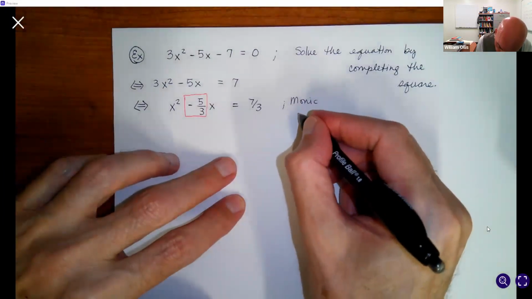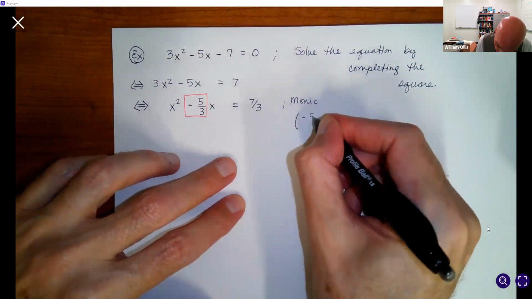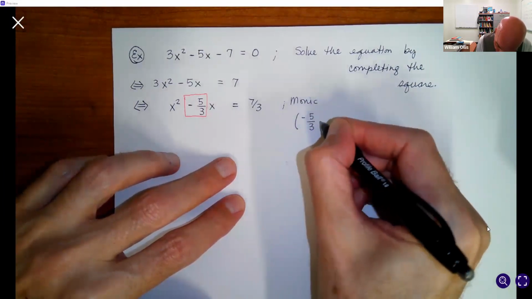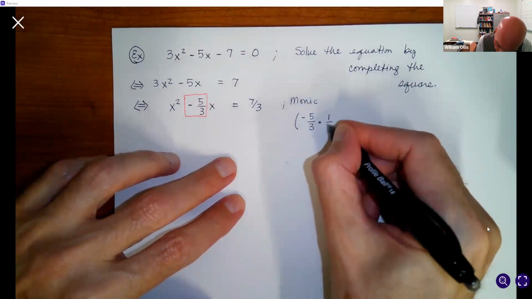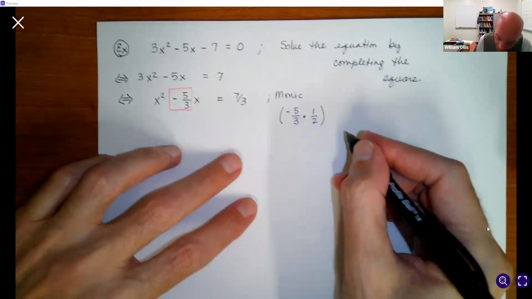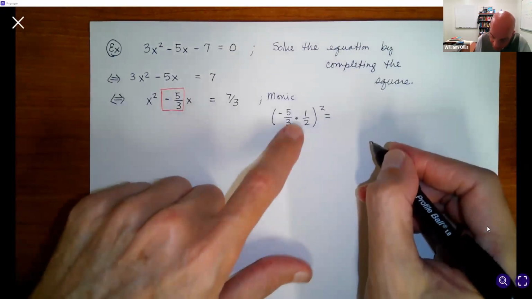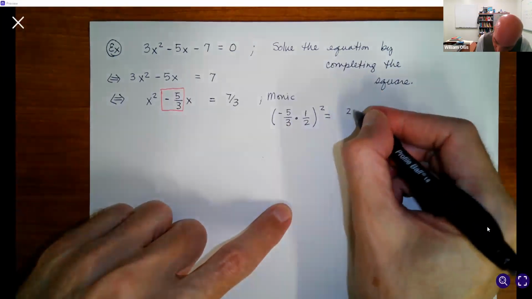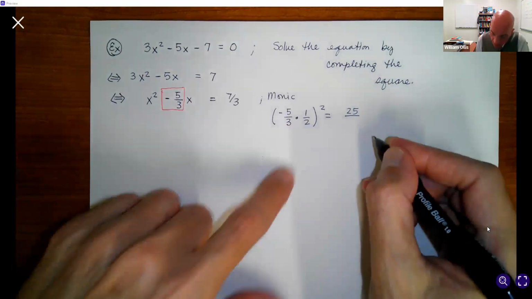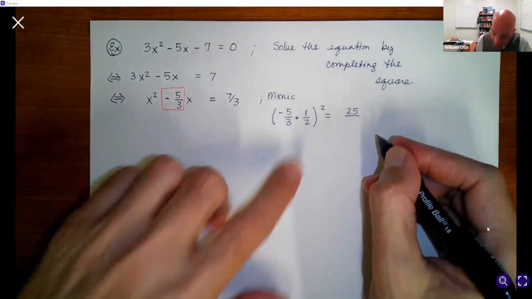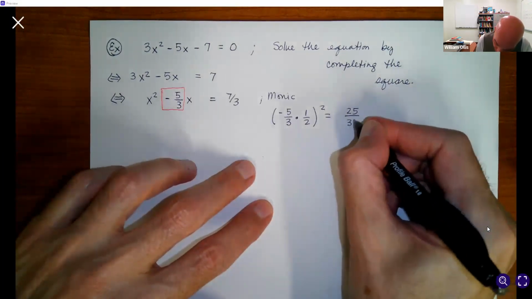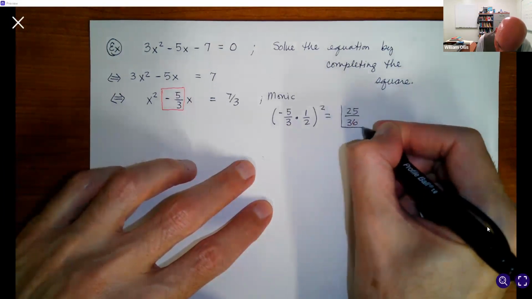So we're going to do negative 5/3 times 1/2. Remember, we take half of it and then we square it. So of course, negative 5 times negative 5 gives us 25. And then the 2 times the 3 is 6. We square it, we get 36. So this is the number that we have to add.